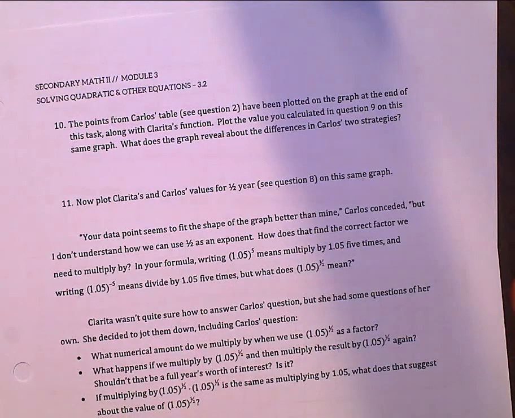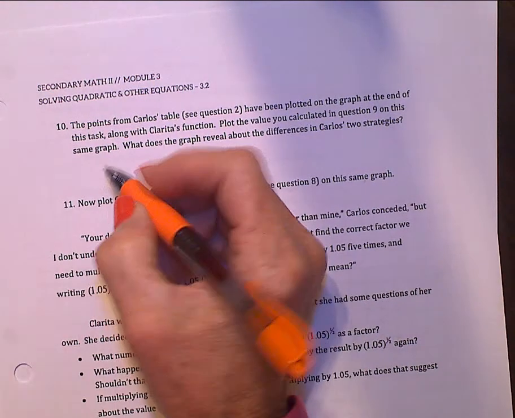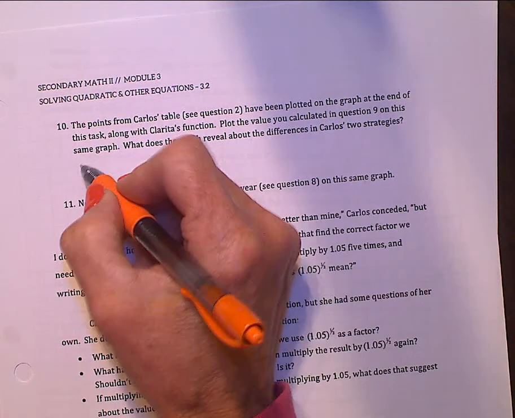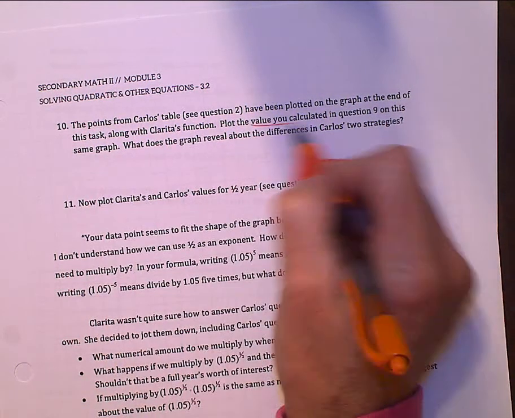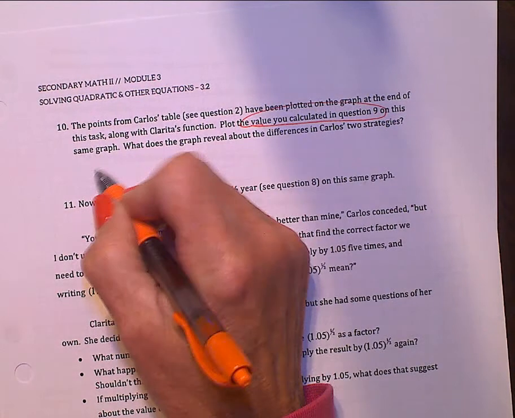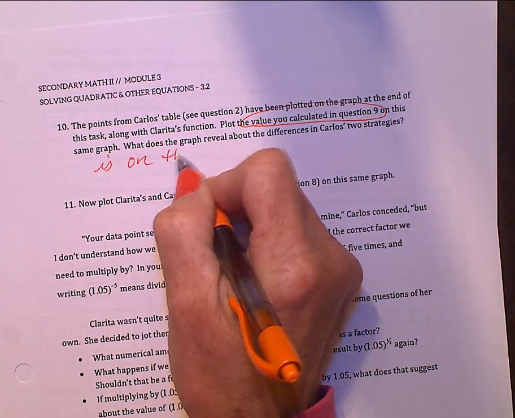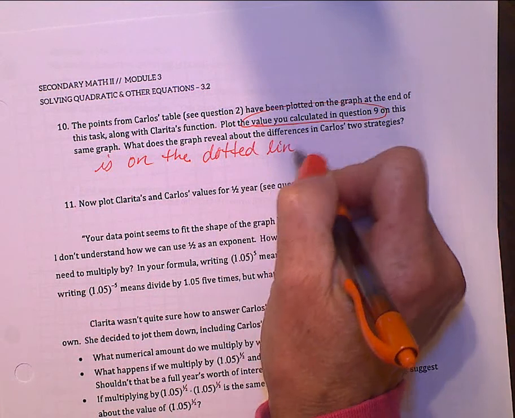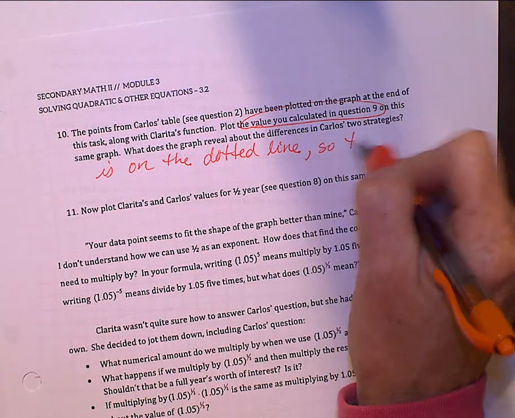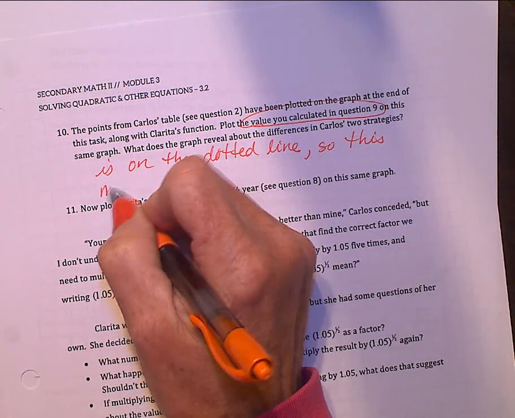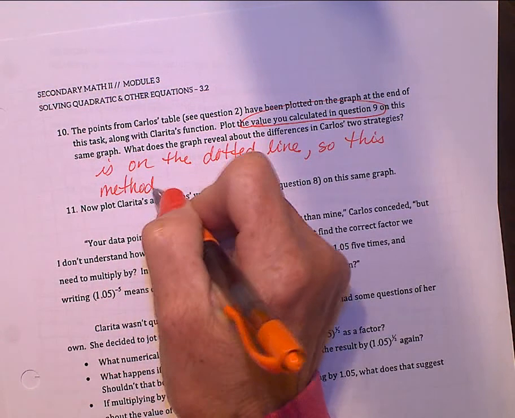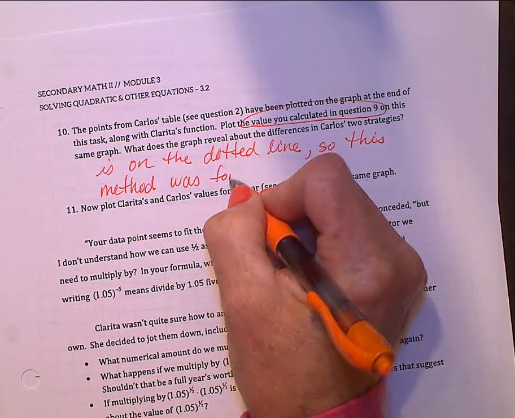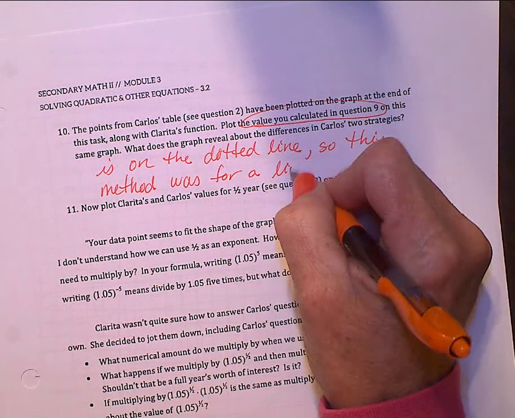So this point was on the dotted line, so this method was for a linear function. The value you calculated in question 9 is on the dotted line.